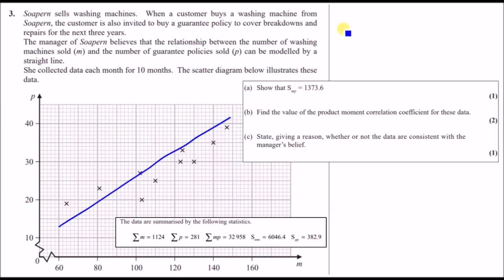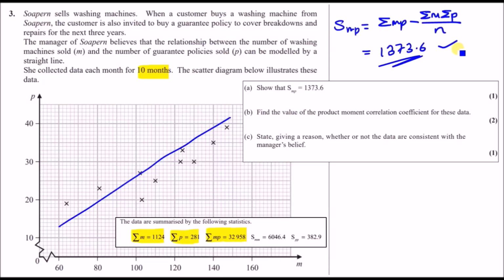Now to show that this is equal to this, we need to realize that SMP is just simply the sum of MP minus the sum of M times the sum of P over the sample size N. Okay, in other words, we're going to use the sum of MP, which is this value, minus the sum of M times the sum of P all over 10 months. Okay, so that's your data set. And when you do that, you're definitely going to get 1373.6. Yep, and that's A done.